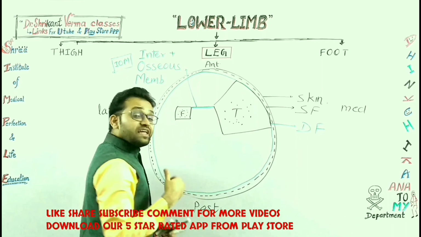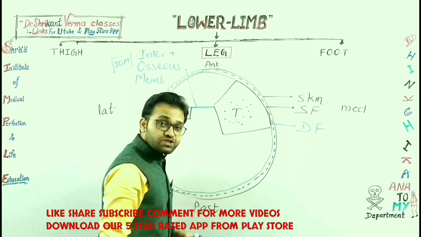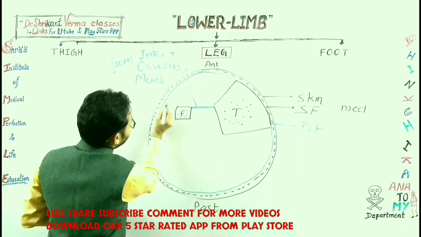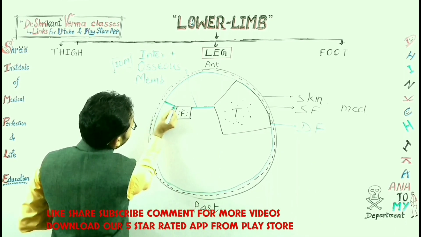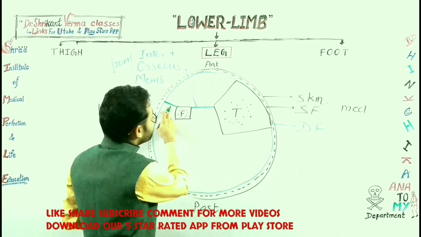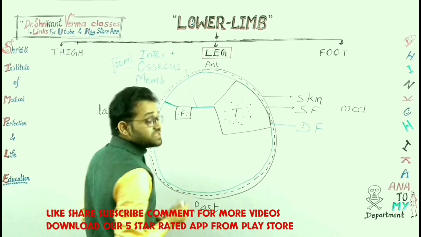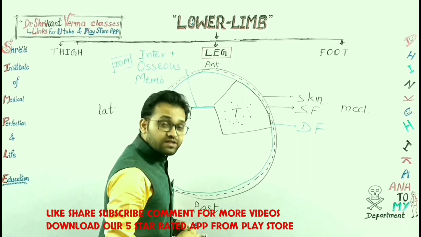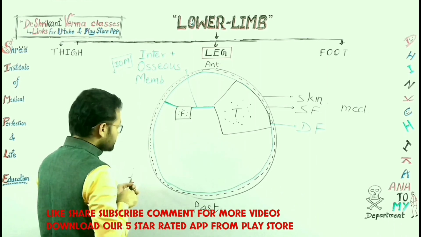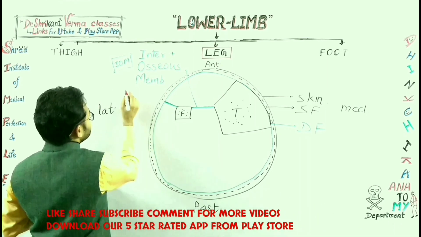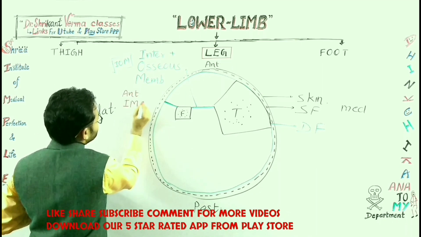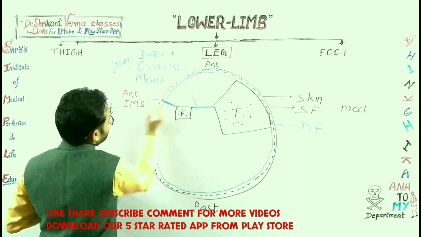Yes. Now there are a few other modifications of the deep fascia. What are these modifications? Yes, there is one septa. As we have seen in earlier videos, these are the partition between the muscles. That's why these are known as the intermuscular septa. So this is near the anterior side. That's why this is known as anterior intermuscular septa.